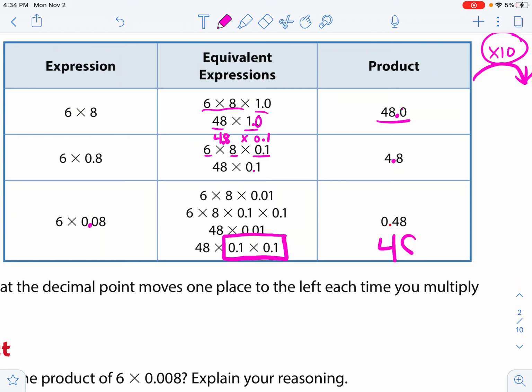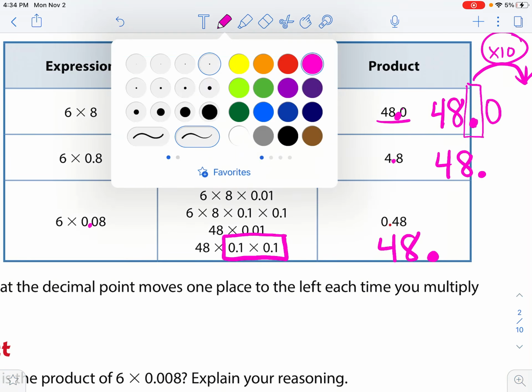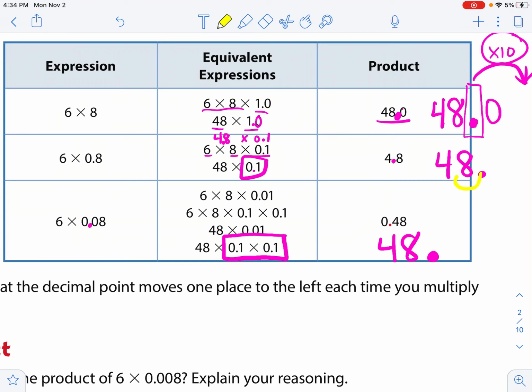So the decimal point in 48, which was over here, because remember, in whole numbers, the decimal point's hiding at the end. So 6 times 8 is 48. But really, it's 48.0, because 48 and 48.0 are the same thing. In all whole numbers, the decimal point is hiding at the end. When you're multiplying it times 1/10, this time the decimal point is going to move 1 place to the left because of 1/10.